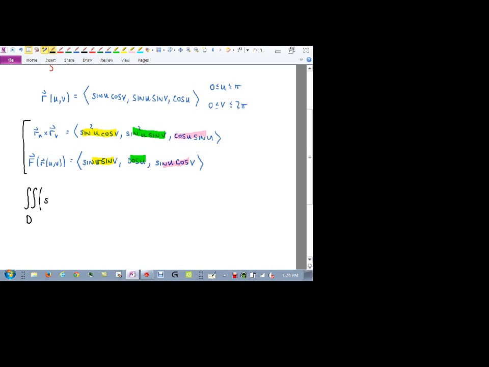So sine cubed u sine v cosine v plus, right, not a vector here, plus sine squared u cosine u.